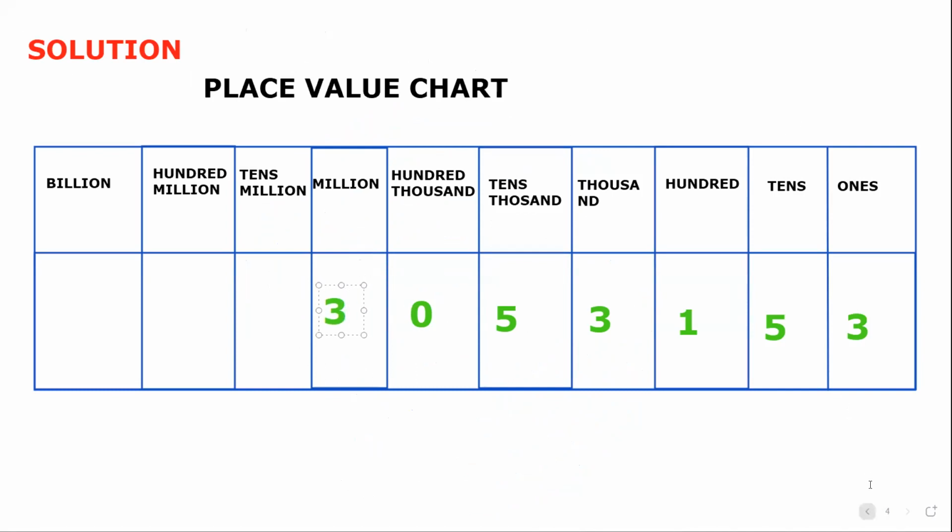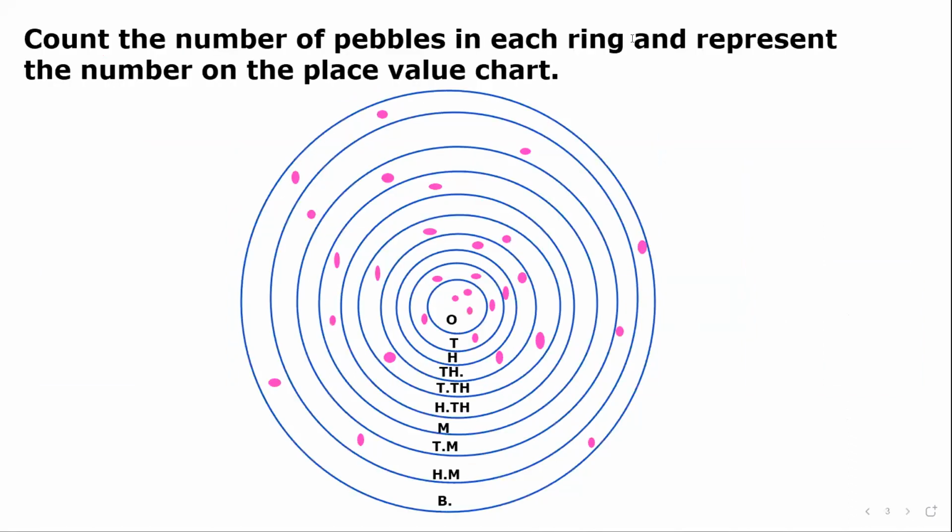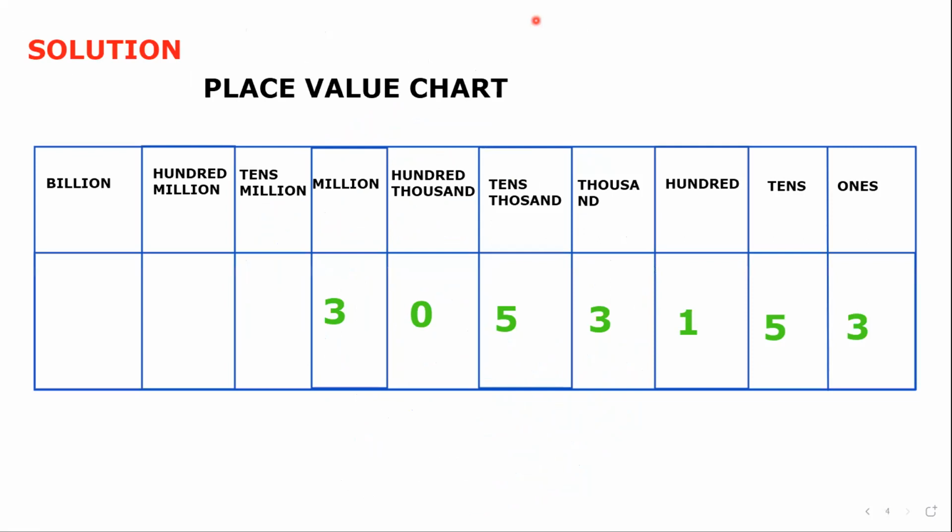Then you check the next one, which is the tens of million, and count. The tens of million is only 1. Okay, that is 10 million. We have only 1 here.